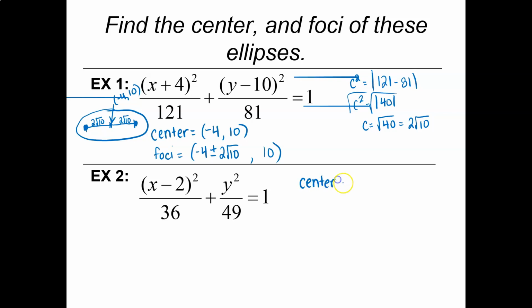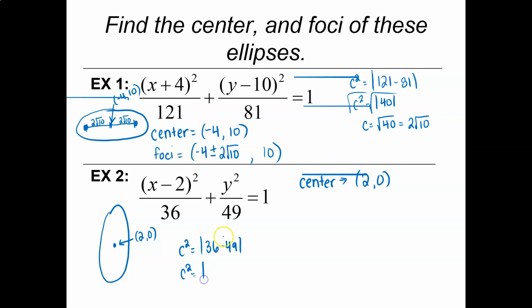Matthew Pelkey, what is the center of that one? 2, 0. And Wesley, is that going to be a wide ellipse or a tall ellipse? Okay, it's going to be tall there, right? So my center is right here at 2, 0. And I'm going to do c squared is the absolute value of 36 minus 49.